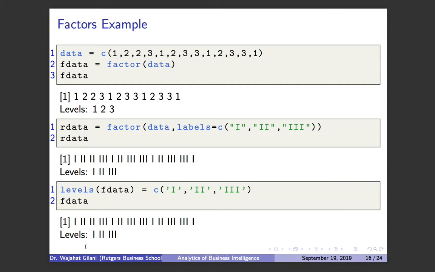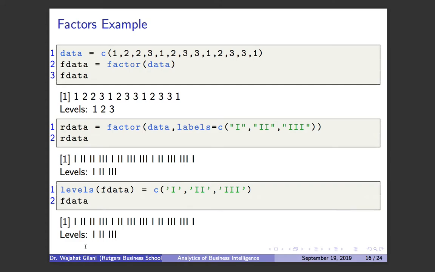And now, ladies and gentlemen, we can talk about factors and we can start talking about levels. All right, let's take this example. In line 1, I have a vector called data. Very simple. It has the values 1, 2, 2, 3, 1, 2, 3, 3, 1, 2, 3, 3, 1. Now there's a function called factor.